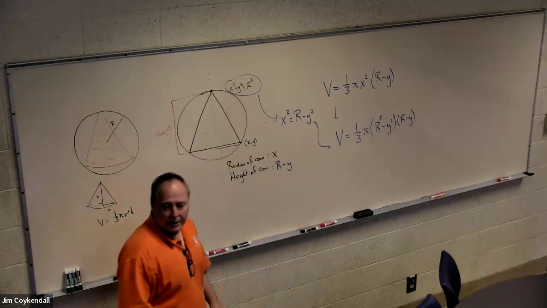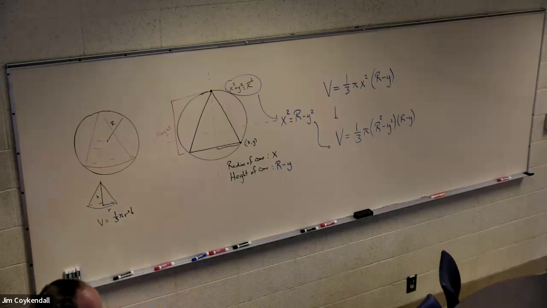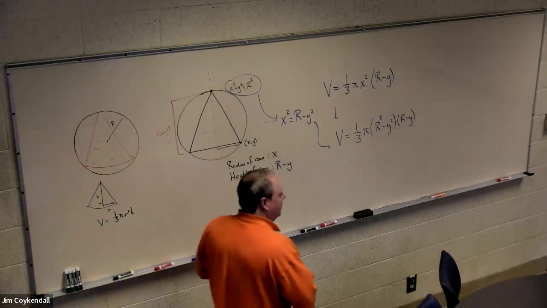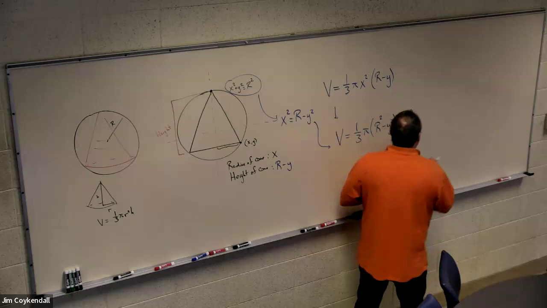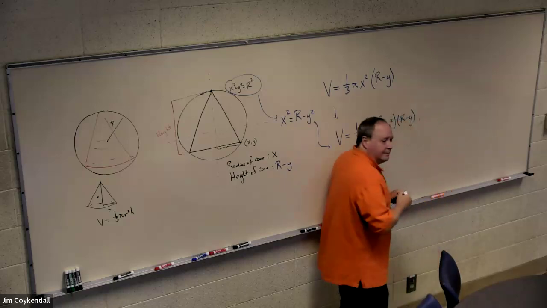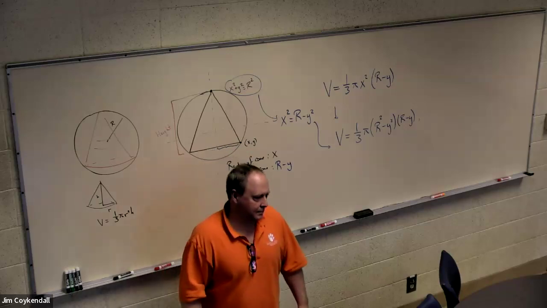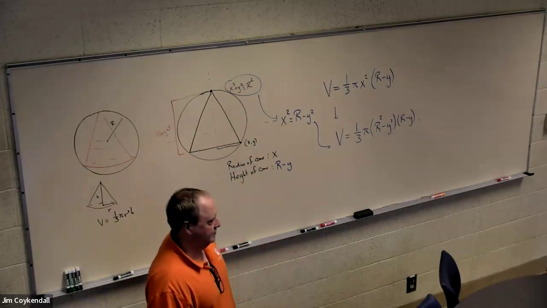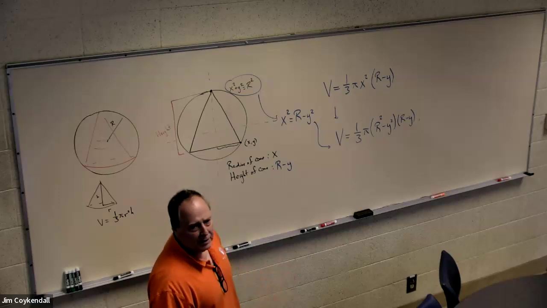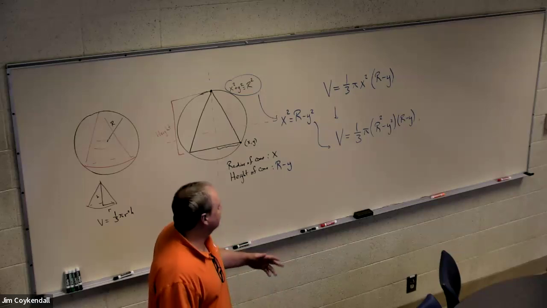Now, at this point, let's take a derivative. Oh, wait a minute. Even I got a little too excited. What are my acceptable values of y? How big can you be? How small can you be? Is there no limit to that?